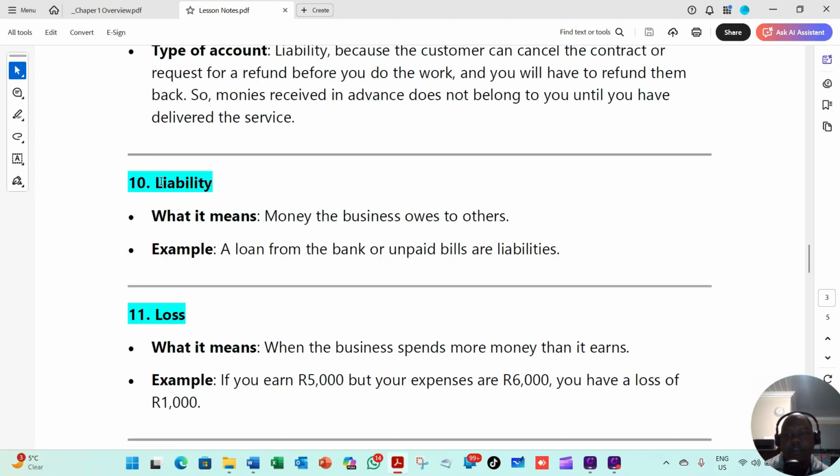And then a liability is also an element like an asset. It is not an account. It's an element in the accounting equation, to be precise. So these are the monies that the business owes to others.